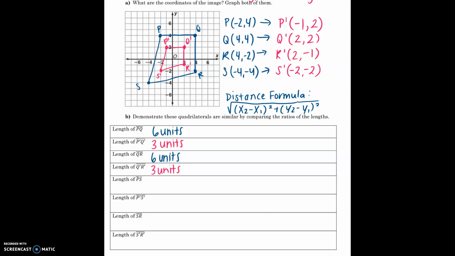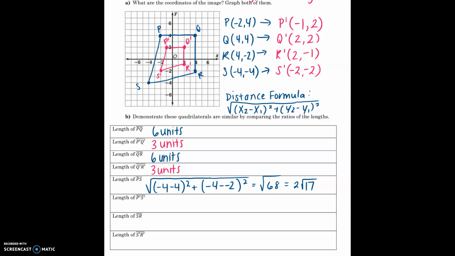So for PS, we have the square root of negative 4 minus 4 squared plus negative 4 minus negative 2 squared. This simplifies to the square root of 68, which simplifies further to 2 times the square root of 17.